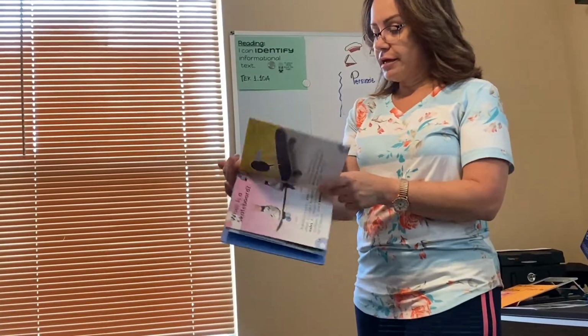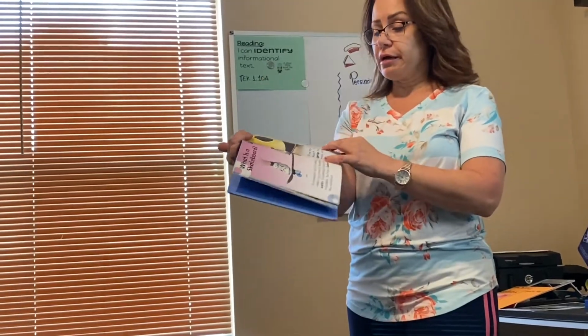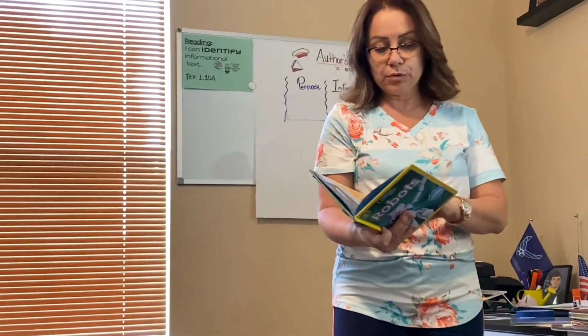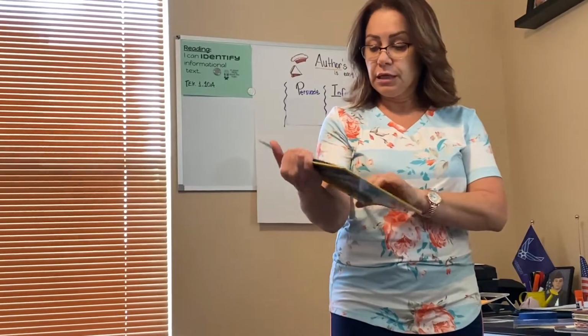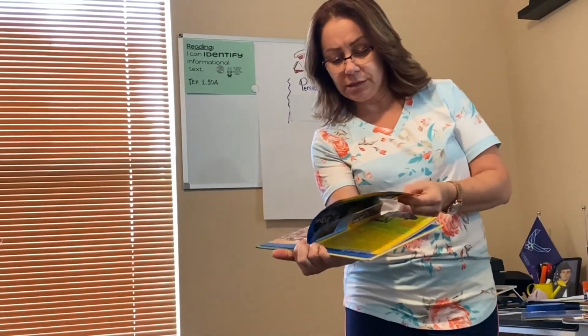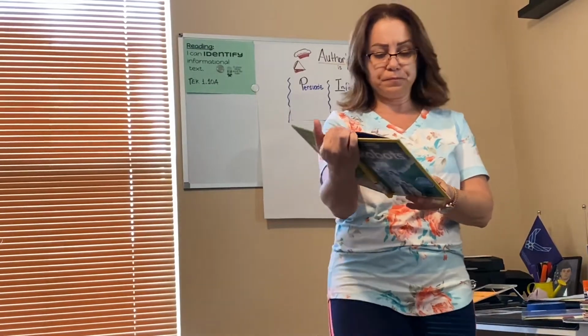Now, there's some more things that we can see. Also, for example, you have arrows, sometimes you have maps. All these are information about how to do something. For example, in this book right here, you have labels, you have graphs. Let me find something for you.